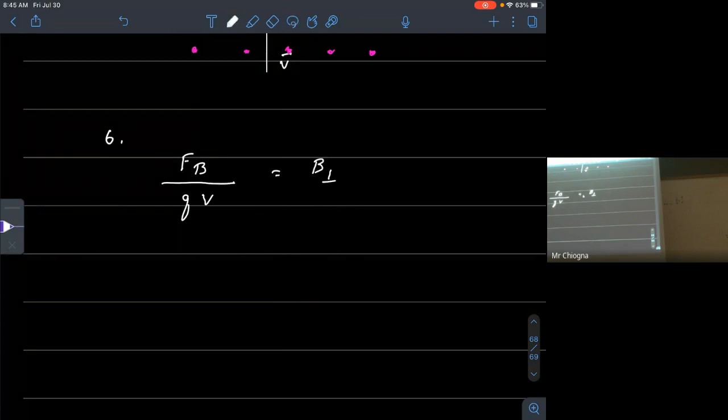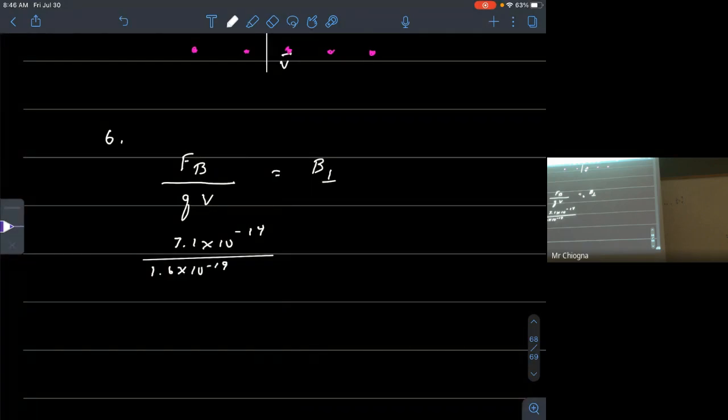So, okay, let's do the calculation first. It's an electron, so the charge is 1.6. I know it's negative, I'm just calculating the magnitude.